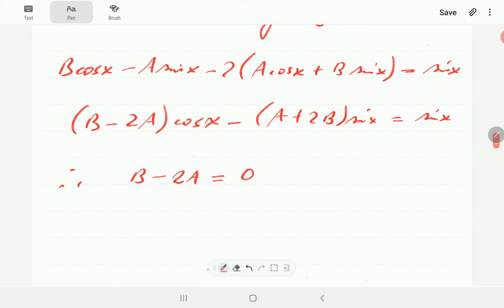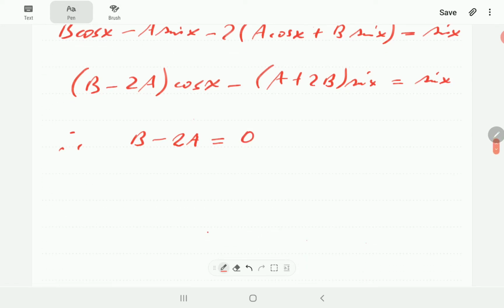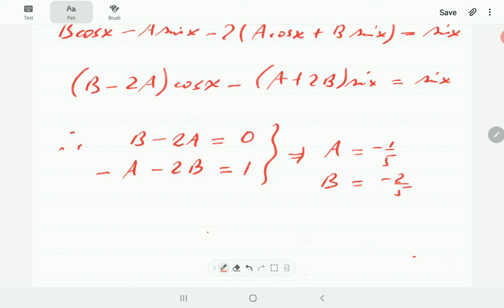On the right hand side, the coefficient of cosine is 0. Then on the left hand side, the coefficient of sine is minus a minus 2b, and on the right hand side, the coefficient of sine is 1. Solving these is going to give us a equals minus 1 over 5, and b equals minus 2 over 5.